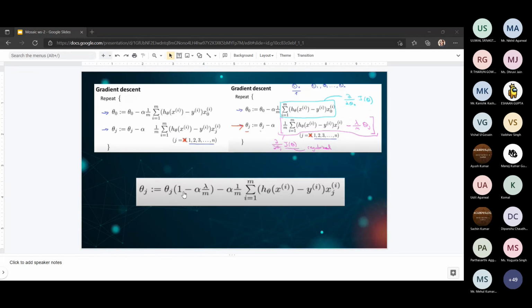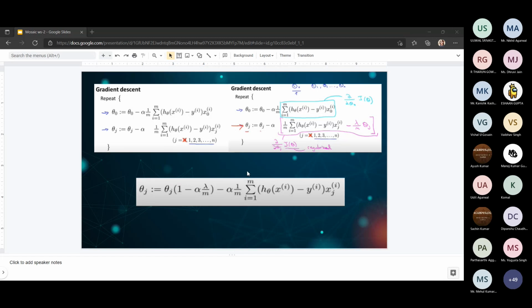The coefficient of theta j is a really interesting term. It's going to be a number that is less than 1. Usually your learning rate will also be less than 1 and the m value will be large, so this coefficient will become pretty small. At every update we are multiplying theta j with a number which is less than 1 and hence shrinking the parameters, and then we are performing a similar gradient descent update as before.